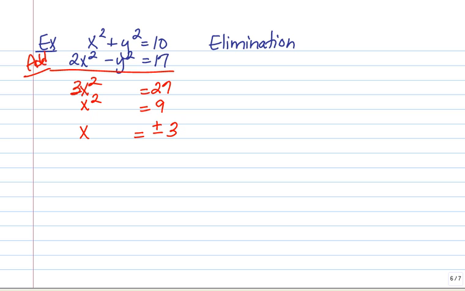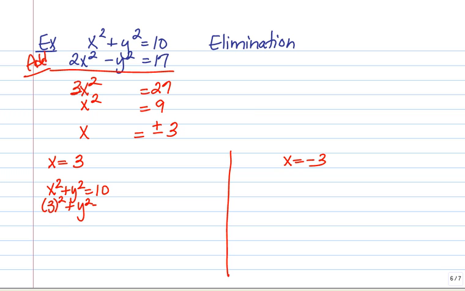So we have two cases. Now we need to find the y values. So we know that x is either 3 or negative 3. What we do now, we plug back into one of the original equations. So we'll plug into the first equation, x squared plus y squared is equal to 10. We know x is 3, so 3 squared plus y squared equals 10.